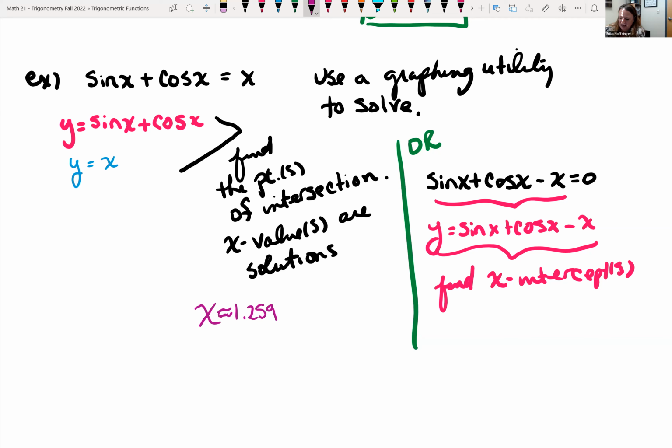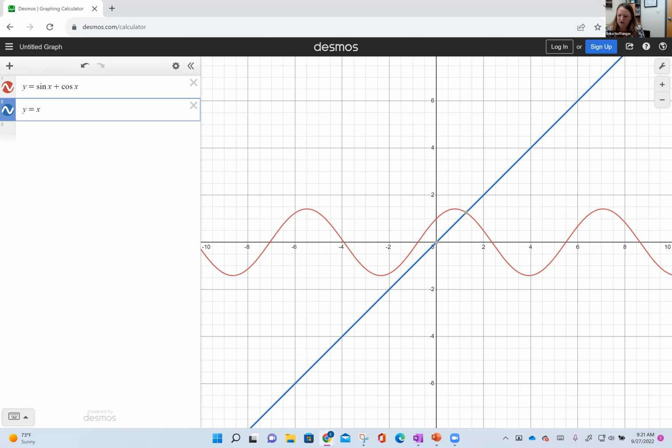So let's look at the other way. Let's just graph sine x plus cosine x minus x, and let's find out where that crosses the x-axis. That should also be 1.259 when we show it. So I am going to just push equals, and I'm going to turn off these graphs in here.